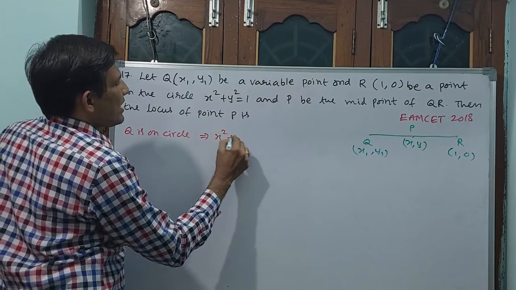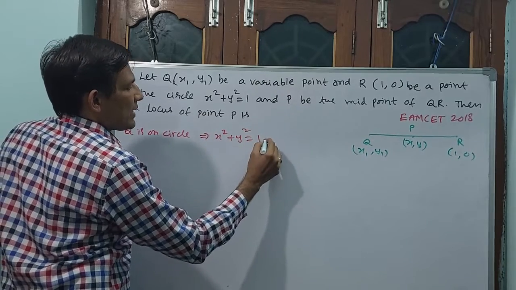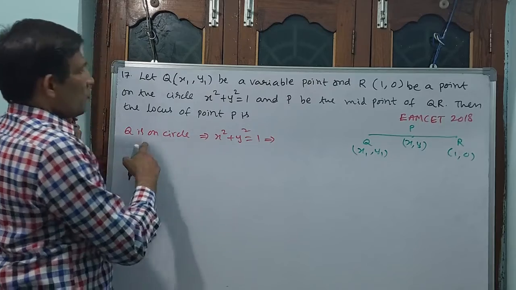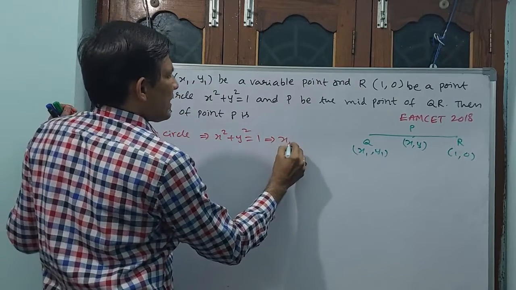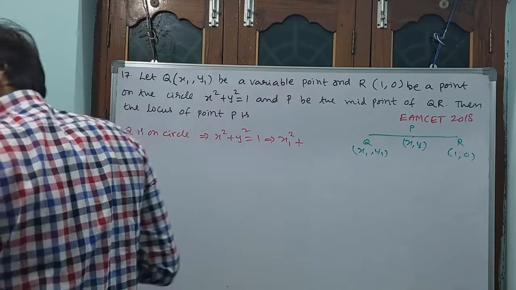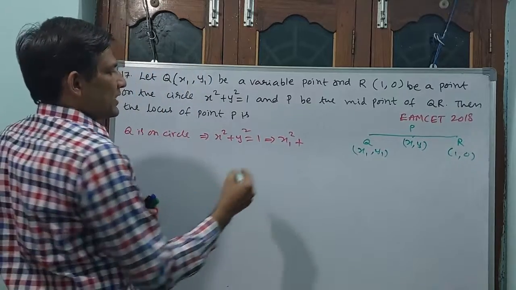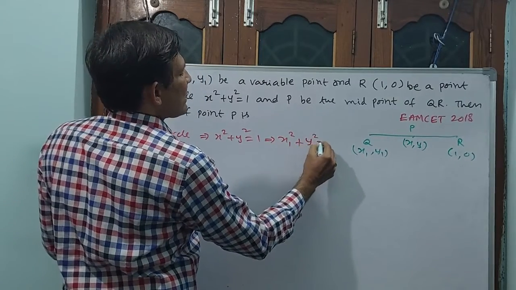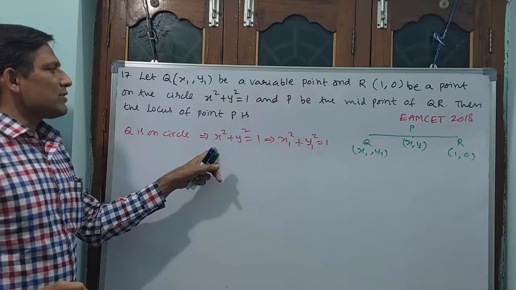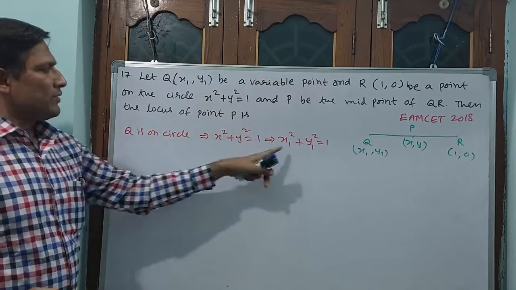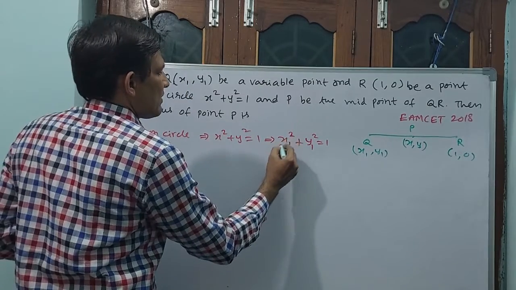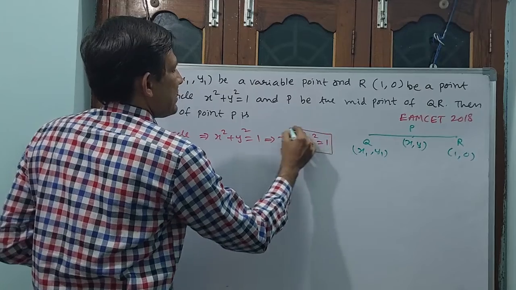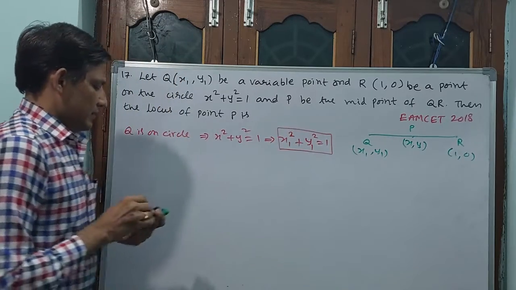It implies x square plus y square is equal to 1. So Q is (x1, y1): x1 square plus y1 square is equal to 1. In place of x, x1, in place of y, y1, you substitute. This is one equation, you box it.